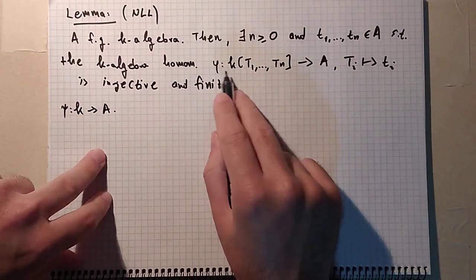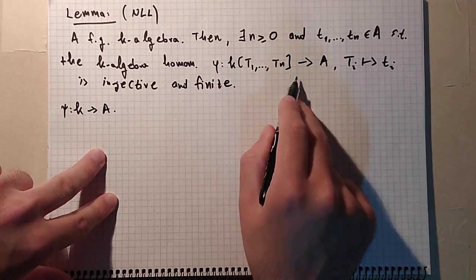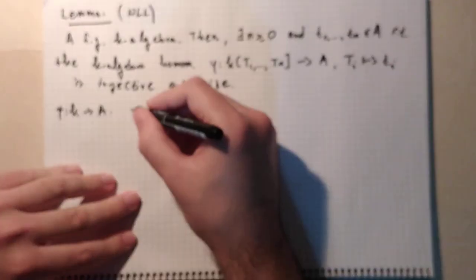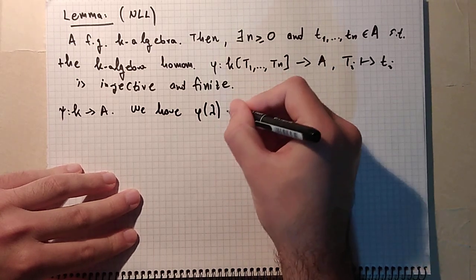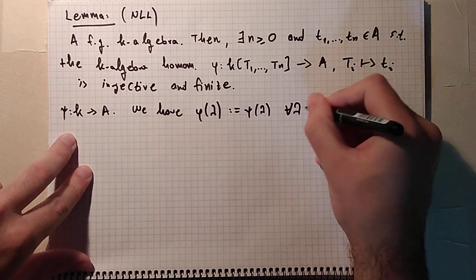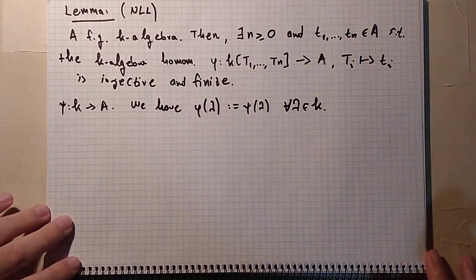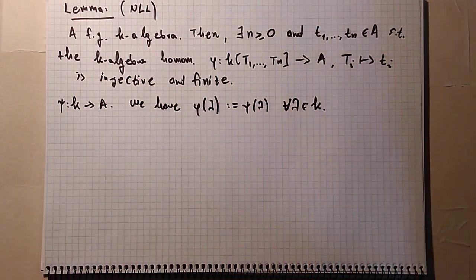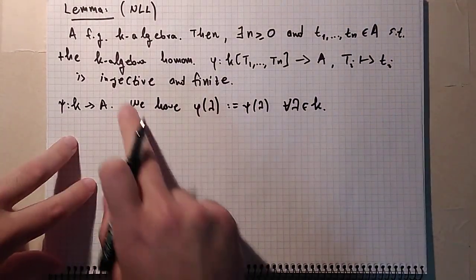I said how I'm going to define this phi, but I didn't say what's happening on the constant polynomials. But I'm just going to use this psi. In other words, phi of lambda is by definition psi of lambda for every lambda in K. And in fact, this definition is what makes this homomorphism a K algebra homomorphism. I mean, a certain diagram is commutative. This is easy. Okay, so we all know what injective means.